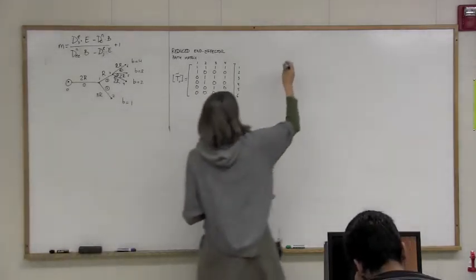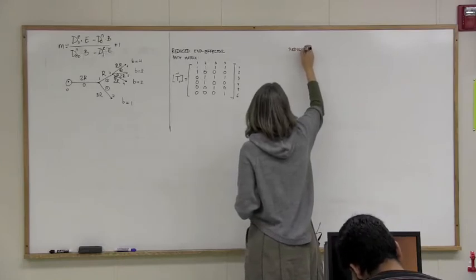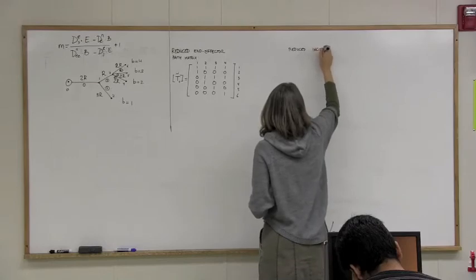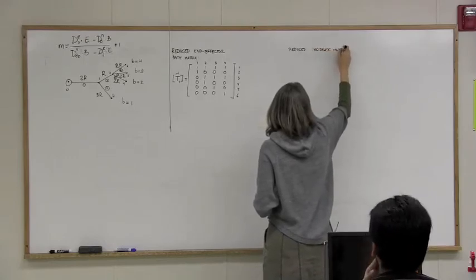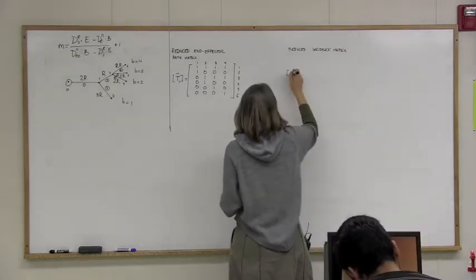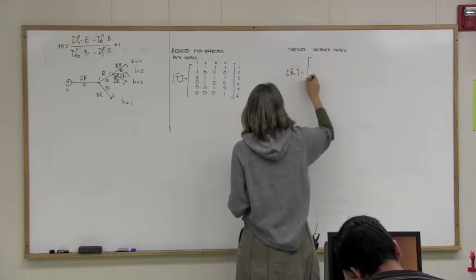And let's do the reduced incidence matrix, that is, which edges are incident to which vertices. All right, and that's our B compacted, of course.